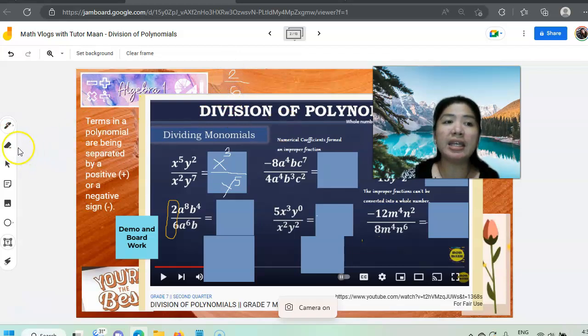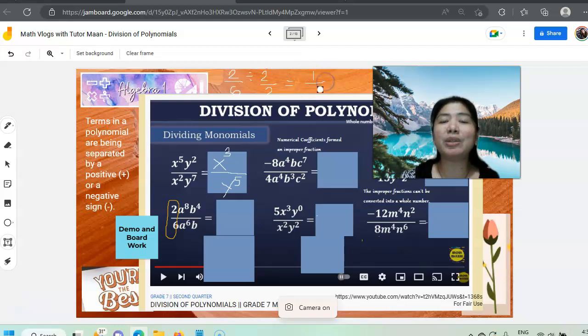Yes, we can divide 2 and 6 together with the greatest common factor. And what is the greatest common factor for 2 and 6? Yes, that would be 2. So we divide 2 by 2. We divide 6 by 2. So 2 divided by 2 is 1. So the new numerator now is 1.